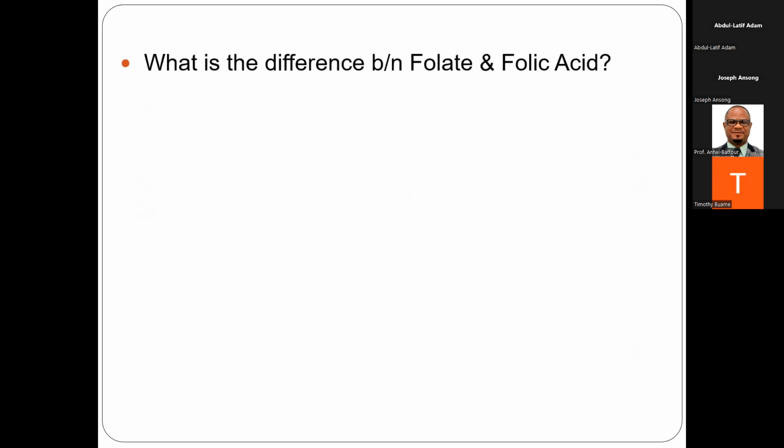What is the difference between folate and folic acid? That's the question. Any takers? What's the difference between folate and folic acid?